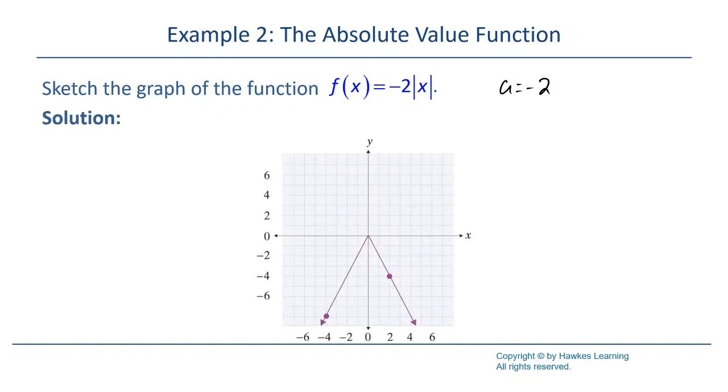So let's say, here's the original function. And notice what happens. Originally, if I plugged in 2, I got out 2.